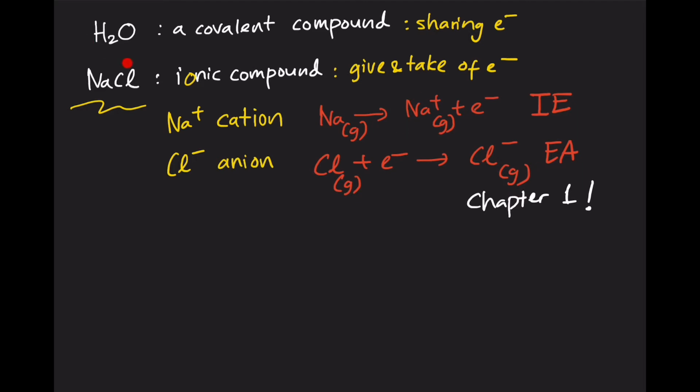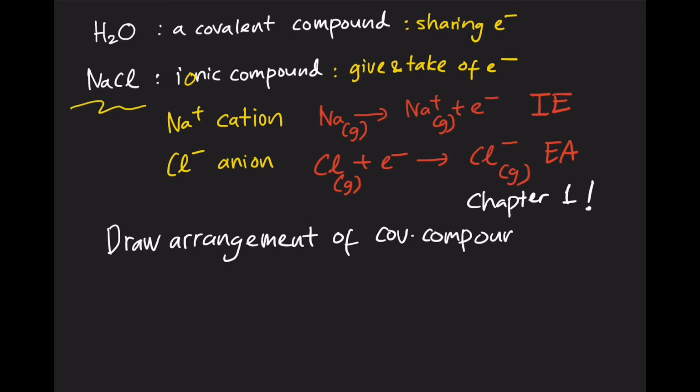However, for molecules like H2O, which is a covalent compound, this doesn't happen this way. Instead, the electrons will be shared between the atoms, and the way that we draw the arrangement of covalent compounds, we call it the Lewis structure.